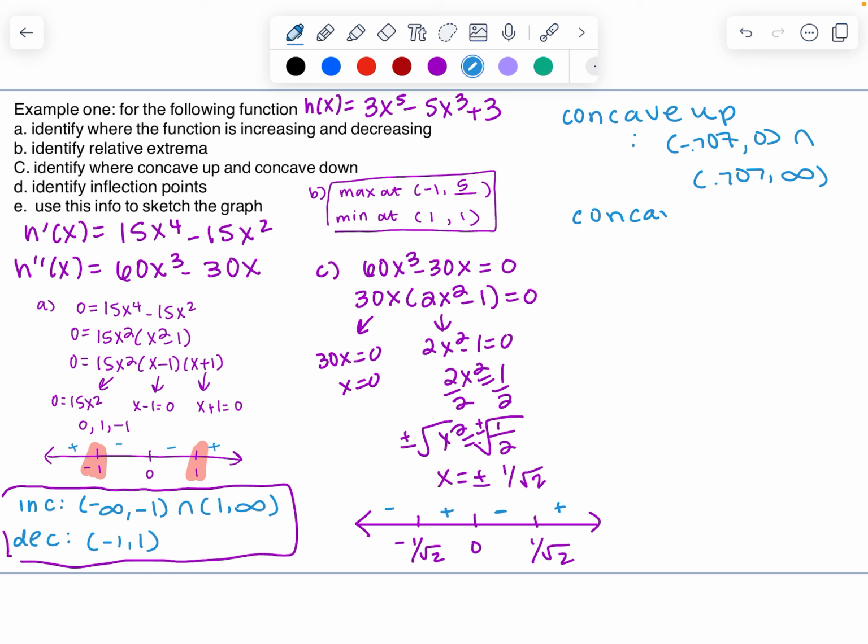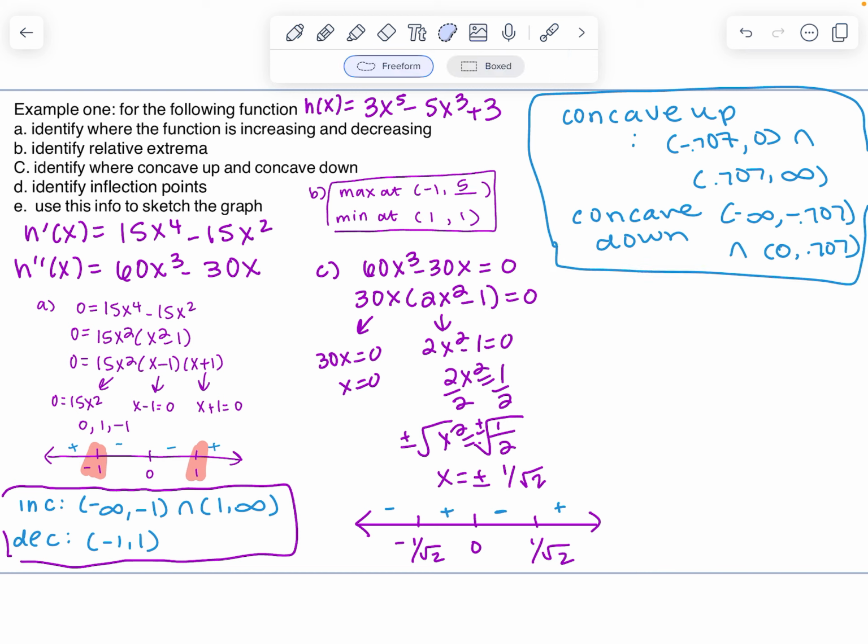And then concave down from negative infinity to negative 0.707 and 0 to 0.707. Okay, so that is my next section that's going to help me.